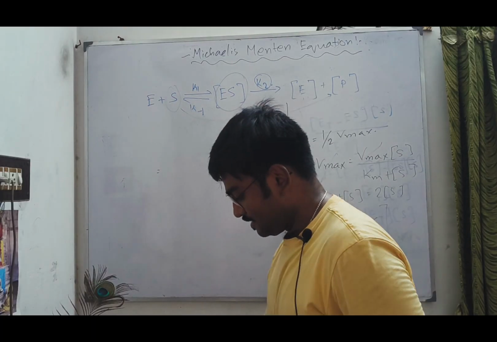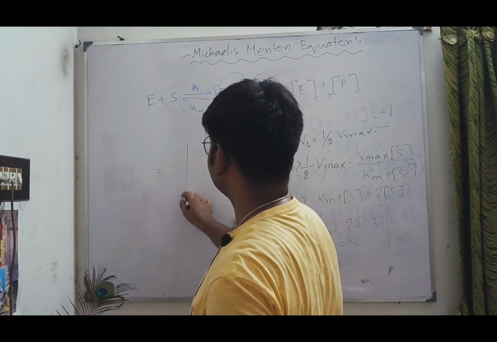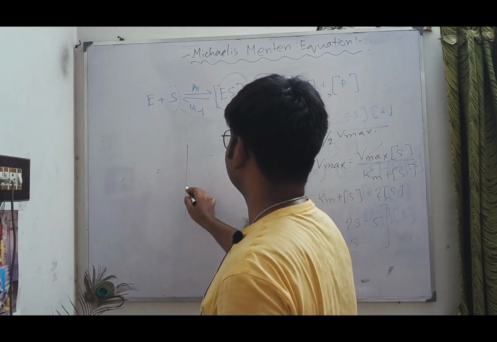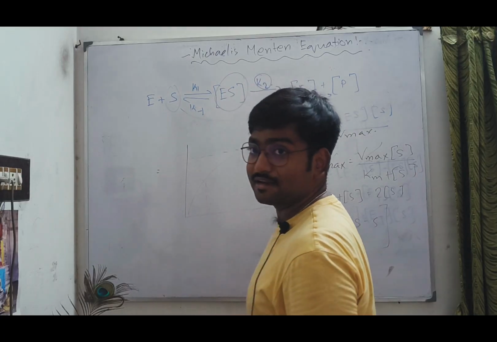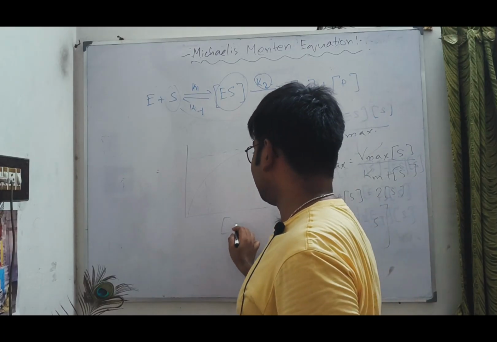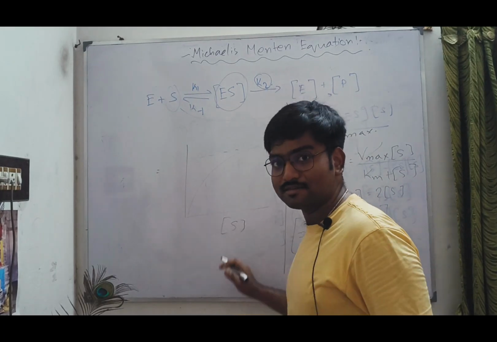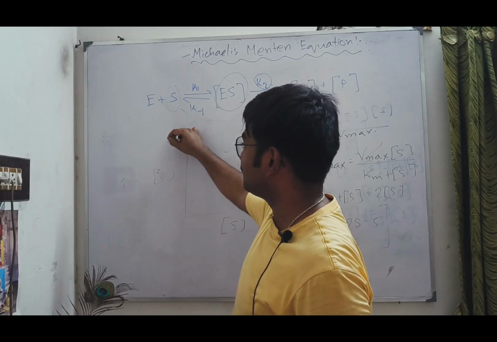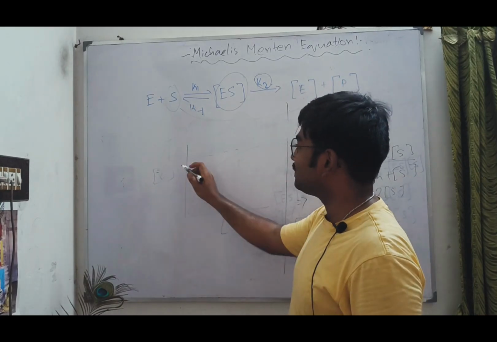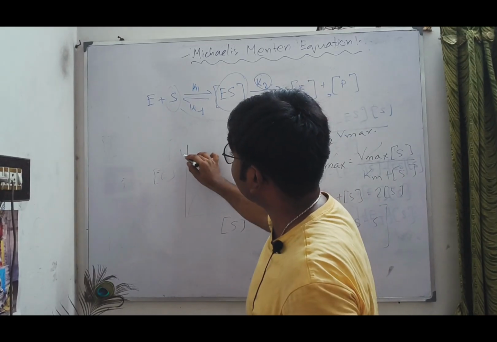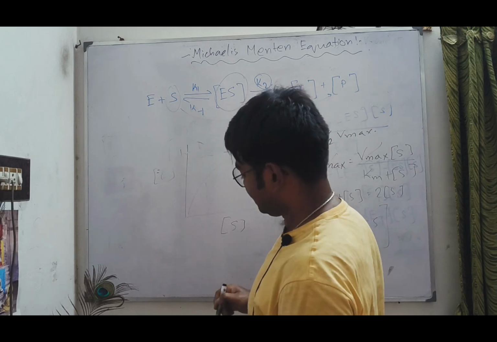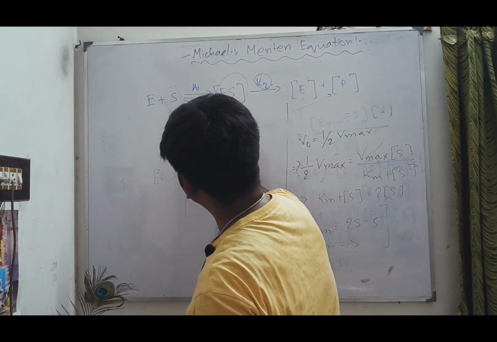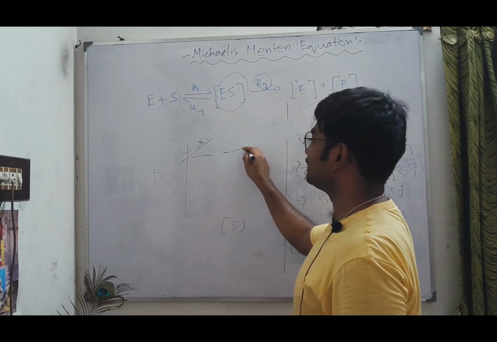So you have seen this diagram, yes or no? Very easy diagram. The x-axis is the substrate concentration, and the y-axis is the efficiency of the enzymes. This particular point is called Vmax.